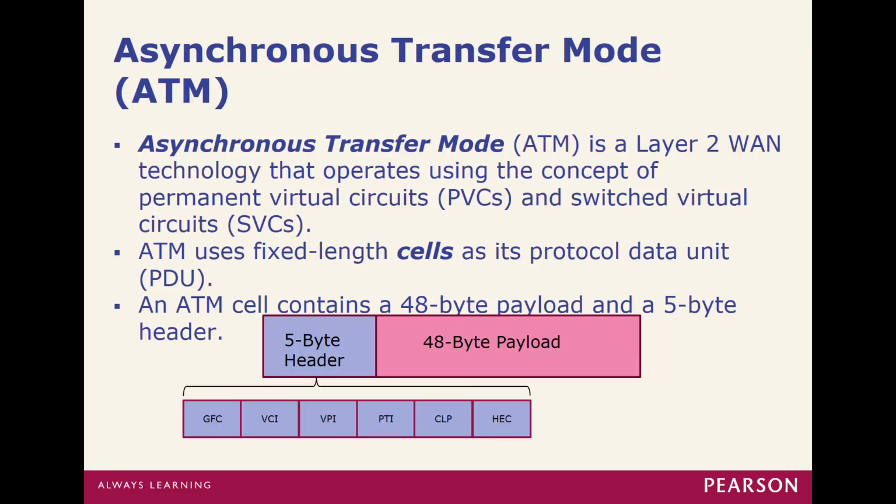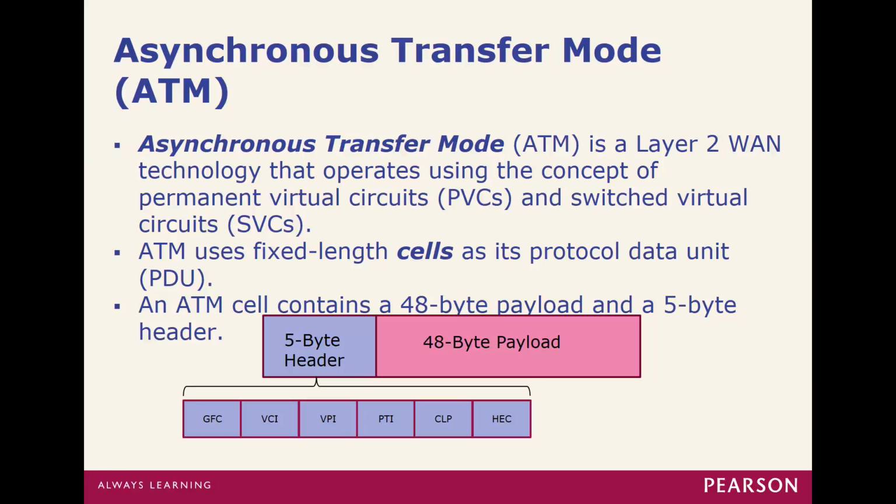ATM, or asynchronous transfer mode, is a layer 2 WAN technology, and it operates using the concept of permanent virtual circuits, PVCs, and switched virtual circuits, SVCs. ATM uses fixed length cells as its protocol data unit, or PDU, meaning you'll send data in predefined cell lengths.